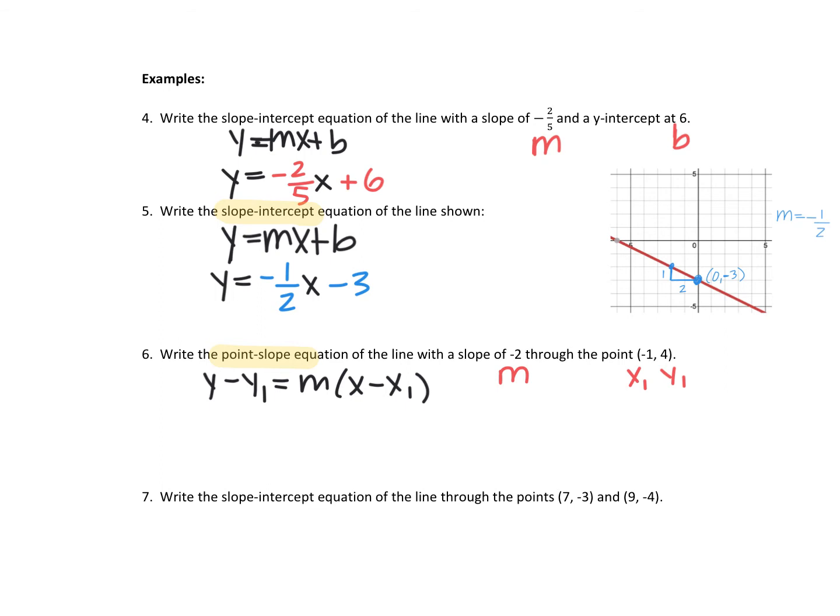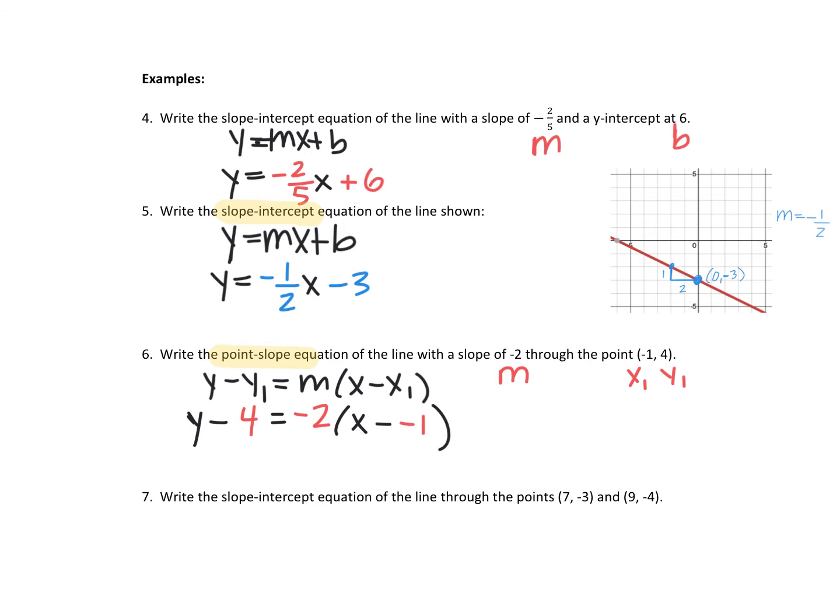It does have y minus y1 and x minus x1, so that means you have to subtract your point as you put it in. So we'll do y minus, what is my y1, folks? 4 equals, what is m? Negative 2. And then you're keeping parentheses, x minus negative 1.